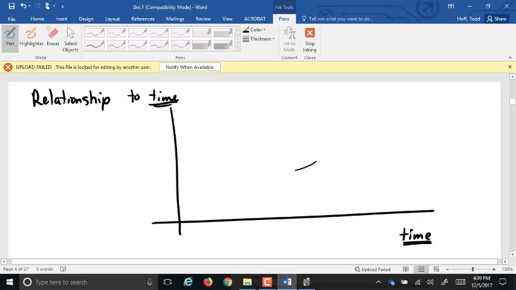So let's say you take a medication. So let's label this as milligrams of medication in the bloodstream.